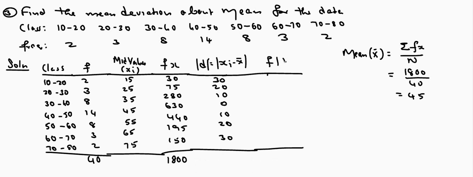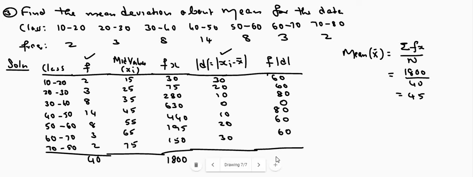The next step will be f into modulus d. F into modulus d is equal to f into d, that is multiplying f into these absolute values of deviation. 2 into 30 is 60, 3 into 20, again it is 60, 8 into 10 is 80, 14 into 0, we get 0, 8 into 10, it is 80, 3 into 20, 60, 2 into 30, we get 60.